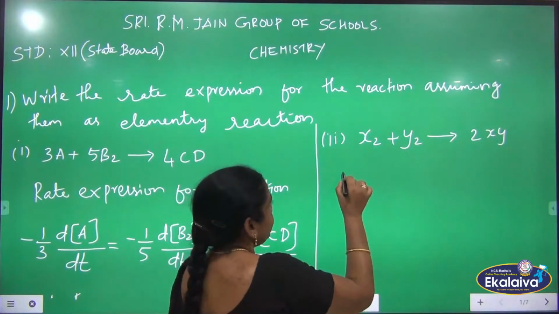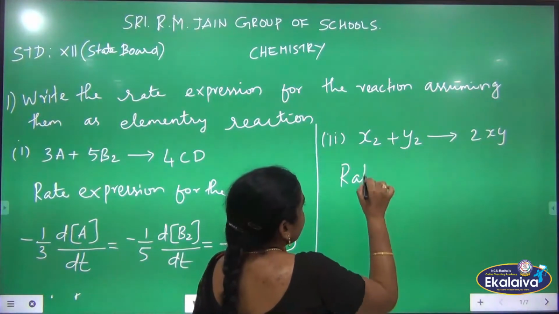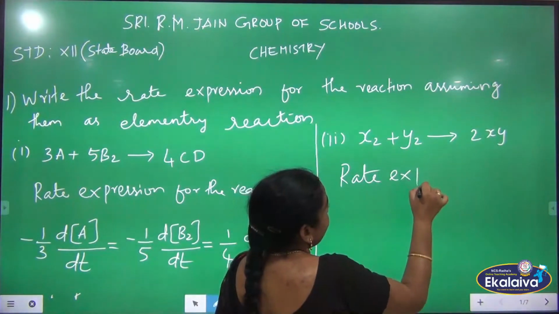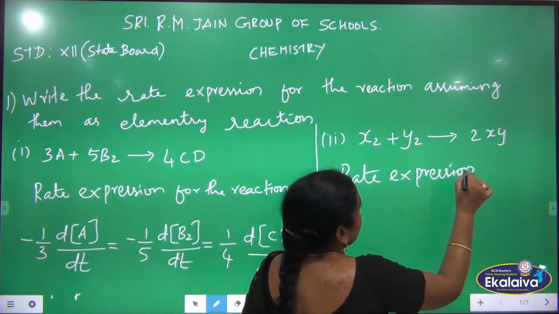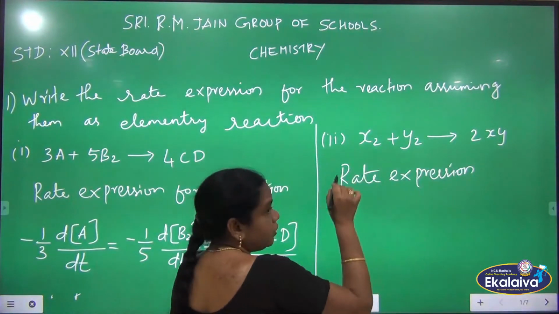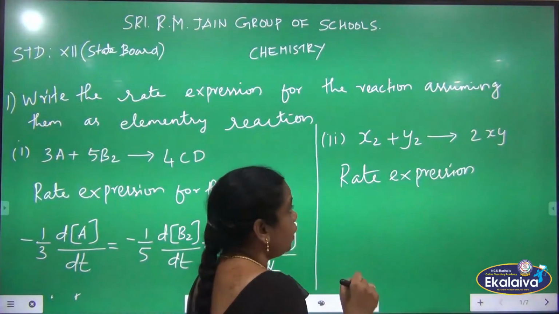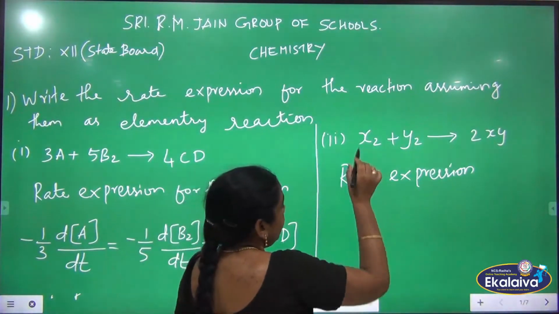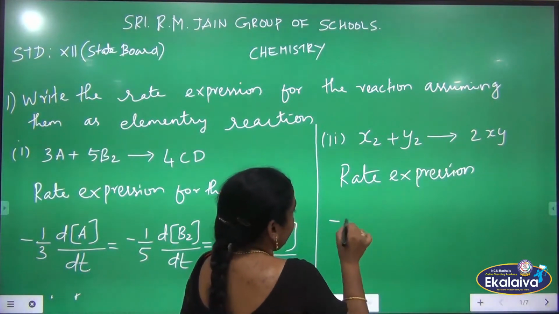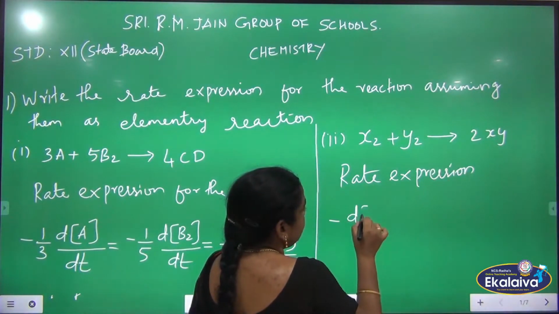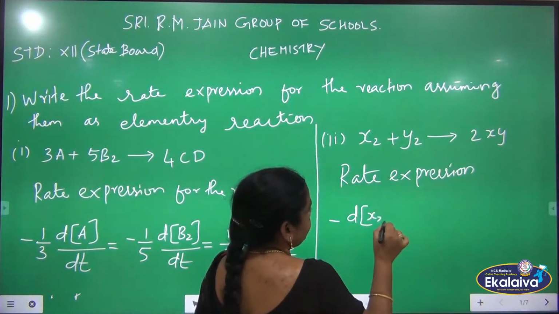For this, the rate expression for the reaction is: here the coefficient is 1, no need to write it, and it is on the reactant side, so negative, decrease in the concentration.